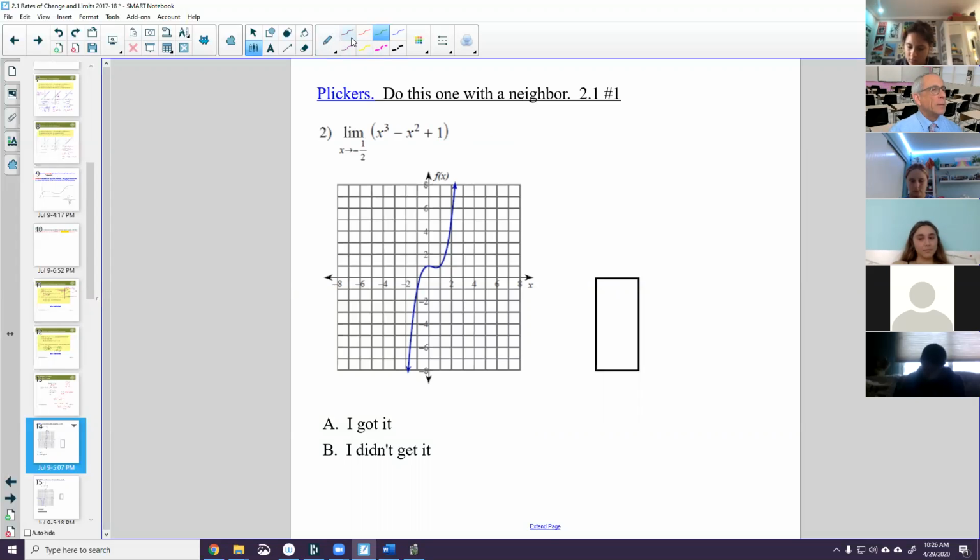So Mia, can you tell me how to set this up? Would it be the limit as x approaches -1/2? Yeah, okay, so how am I gonna find the limit here? Do you know?